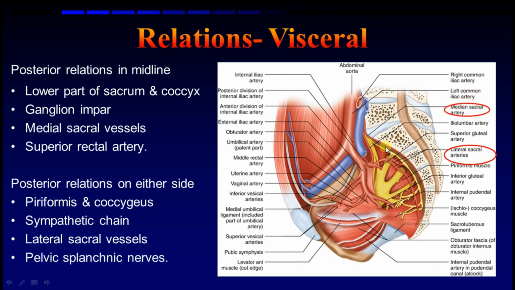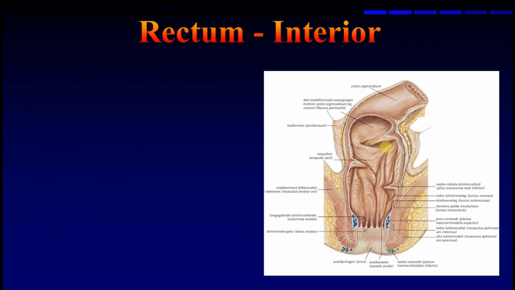Okay, so that is about the visceral relations. Anterior relations differ in males and females, whereas the posterior and posterolateral relations are the same, and lateral relations, upper part it is related to the pararectal fossa, middle part pelvirectal space, and lower part ischioanal or ischiorectal fossa.